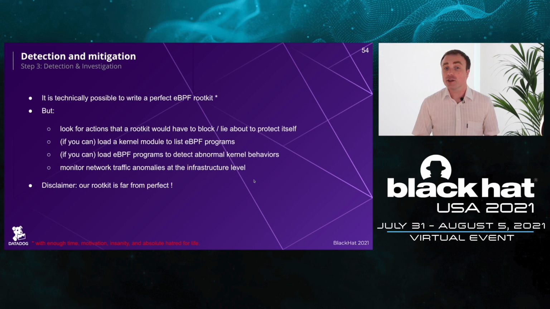Now, let's imagine that we insert a module that executes specific actions known only to us. The blocking of the module by the rootkit would then be easy to detect. Monitoring the network traffic at the infrastructure level could help detect hijacked connections or strange packet retransmission. Our rootkit being far from complete and far from perfect, it should be relatively easy to detect.